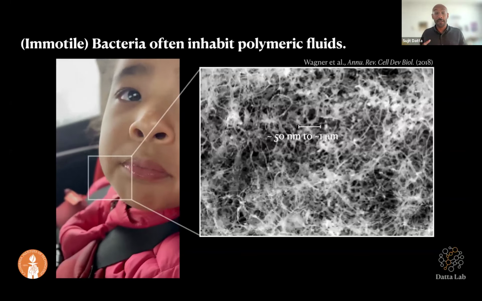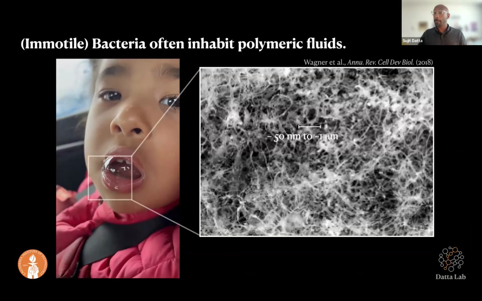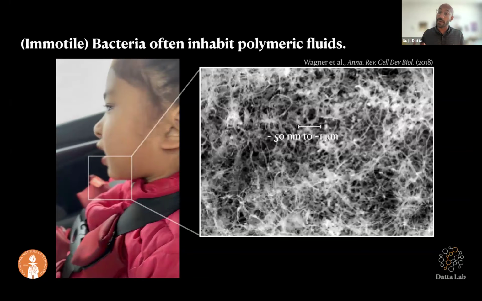Not only is this process cute, but it's also important for Aiko's health because mucus, spit, is an example of a polymeric fluid that's secreted by our bodies, right? The mucins are individual polymers. Here's an electron microscope image from the group of Katerina Ribik that shows how you have this molecular network in mucus.